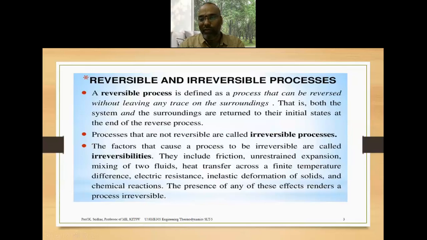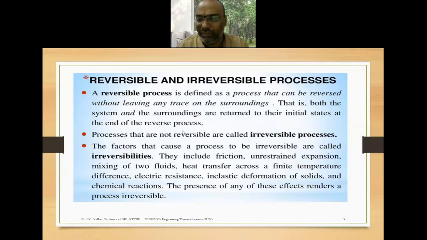First of all, how can we define a reversible process and an irreversible process? A reversible process is defined as a process that can be reversed without leaving any trace on the surroundings. That is, both the system and surroundings are returned to their initial states at the end of the reverse process.